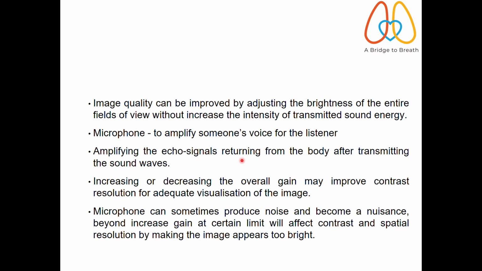Same thing here: the gain amplifies the echo signal returning from the body, modifies it and produces a picture. And that is the play of the gain, contrast, and so on. This I am coming to in my next talk. Sometimes the microphone can produce more noise. So if you correct beyond the limit of the gain and contrast, you have more echogenicity and your picture is going to blur.